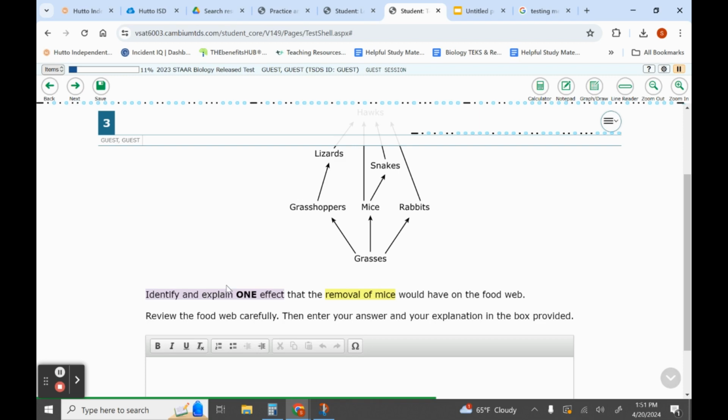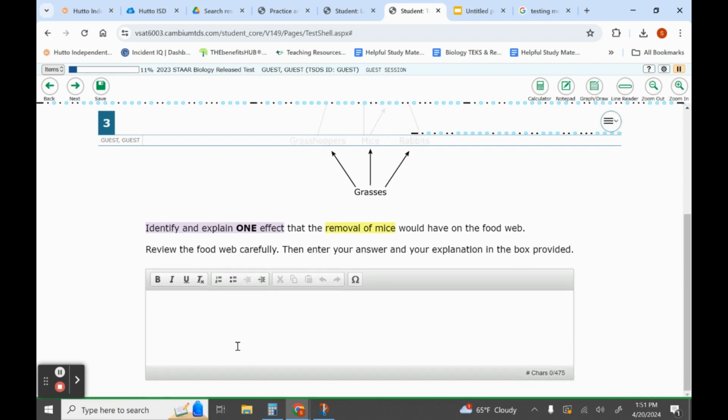Anytime you answer a short constructed response, there are a couple different ways that you can do it. The surefire way to do it, if you want to make sure you get the max amount of credit, is use part of this sentence in your response. So, what does that mean?